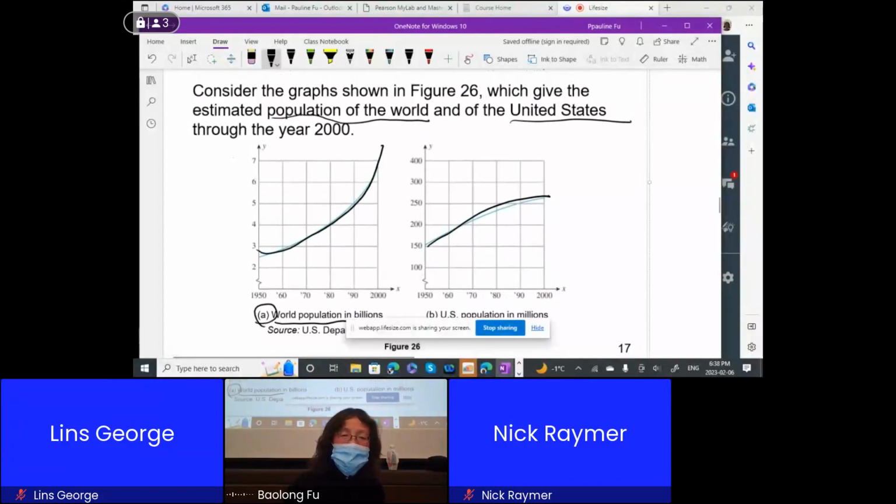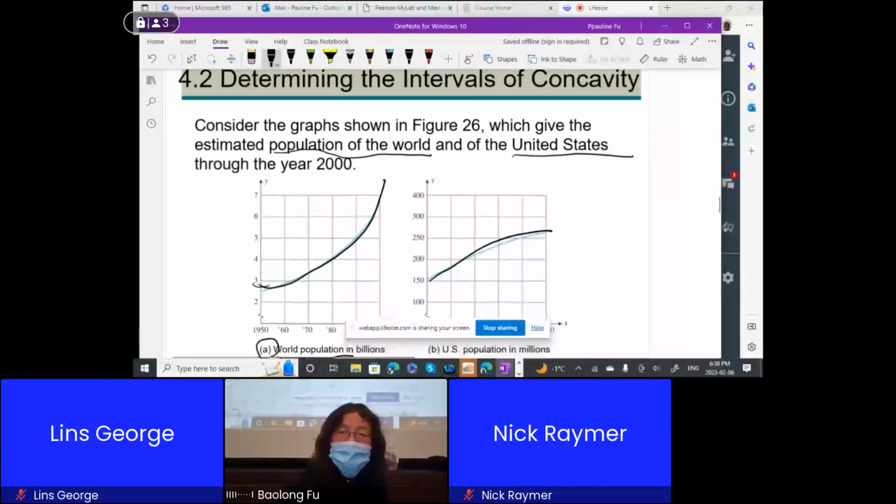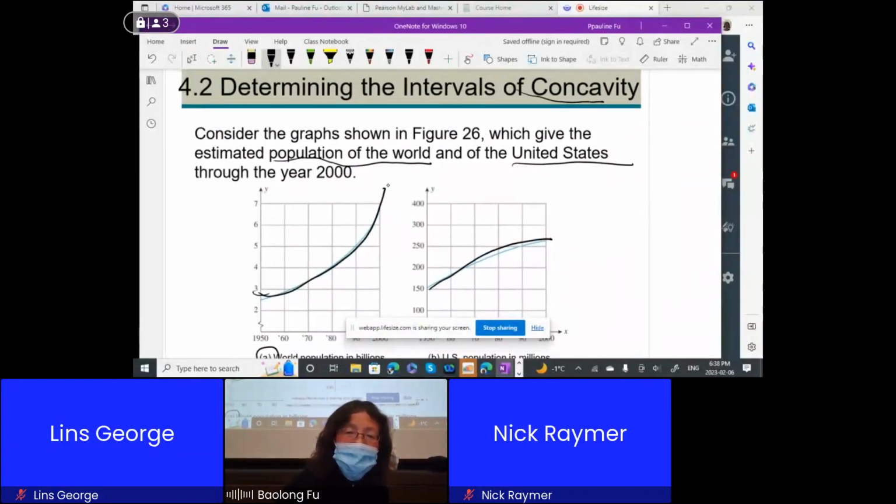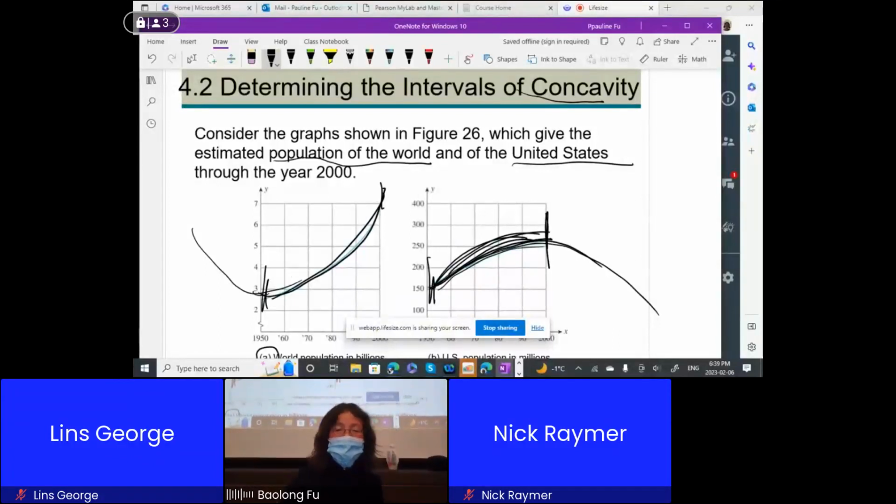We call this shape concave up, and the second one concave down. This one looks like a parabola, and this one looks like a parabola if you continue. They both increase from here to here, but they have different patterns.